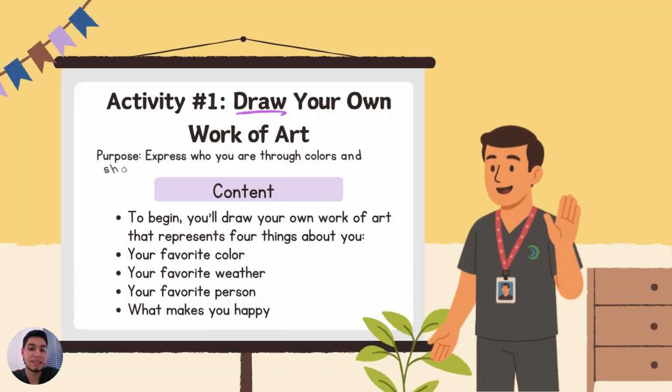Okay, so activity number one is called draw your own work of art, and its purpose is to express who you are through colors and shapes. As content, to begin, you will draw your own work of art that represents four things about you: your favorite color, your favorite word, your favorite person, and what makes you happy.